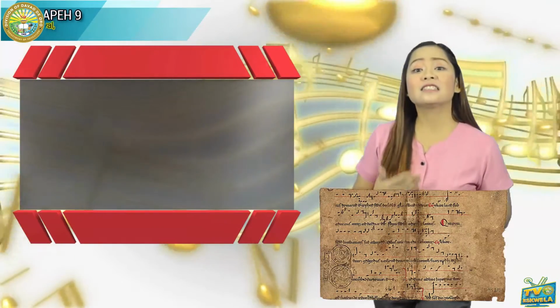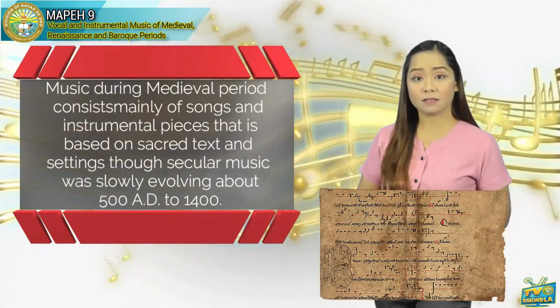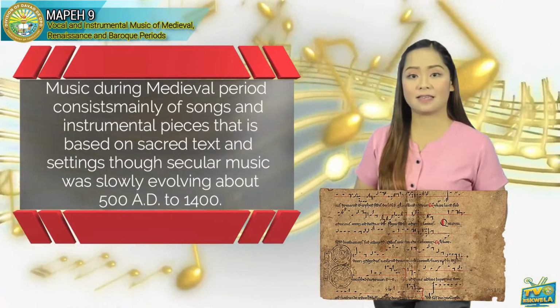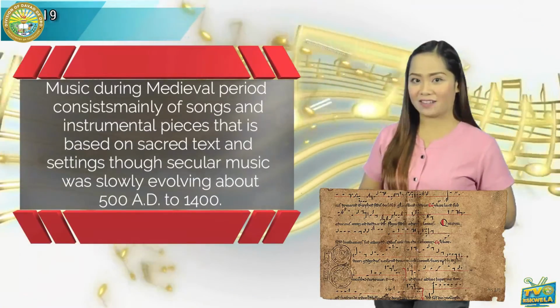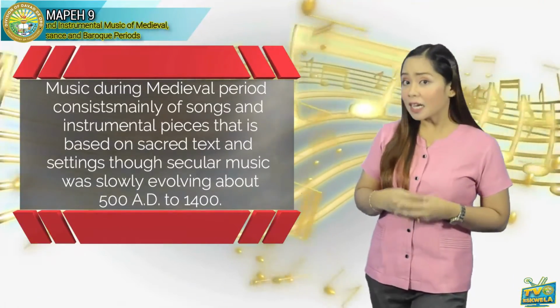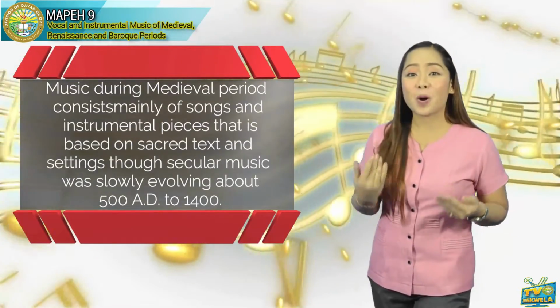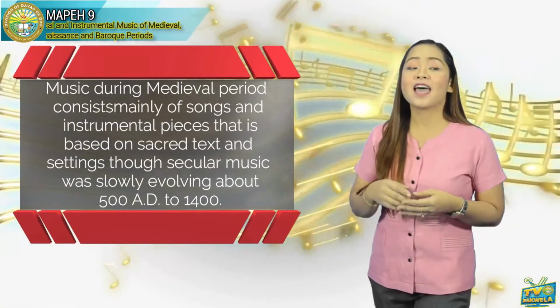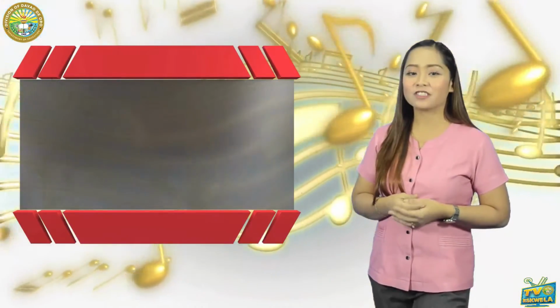Music during the medieval period consists mainly of songs and instrumental pieces that are based on sacred text and settings, though secular music was slowly evolving from about 500 AD to 1400.